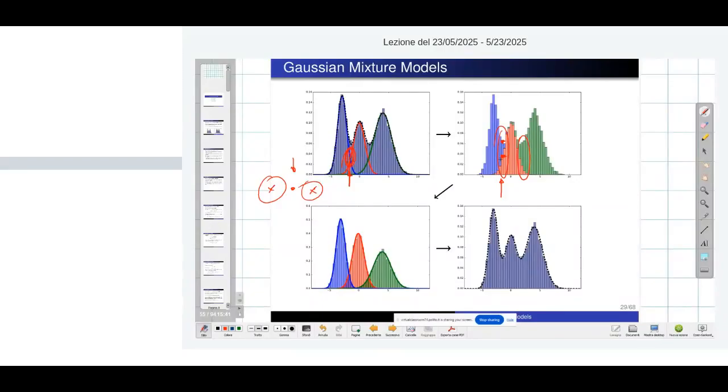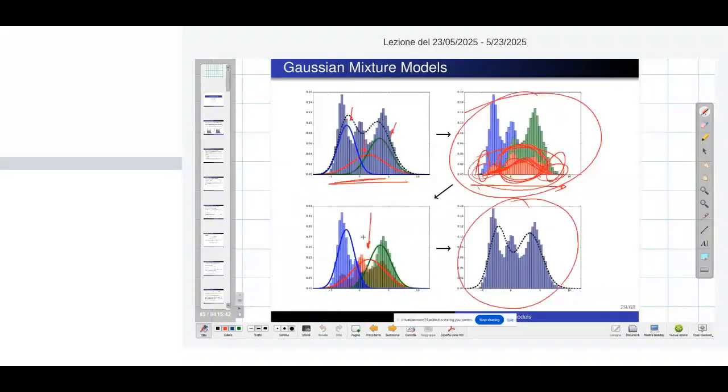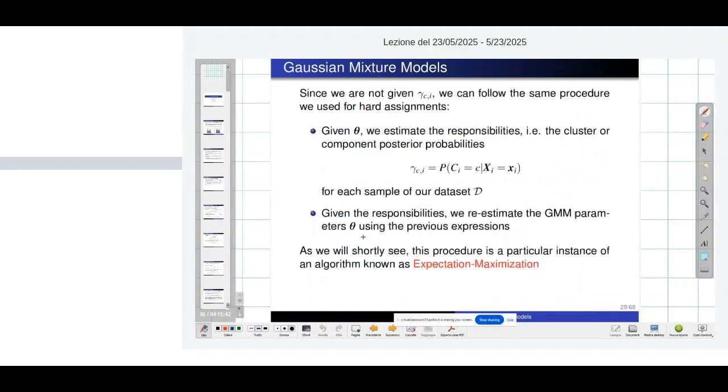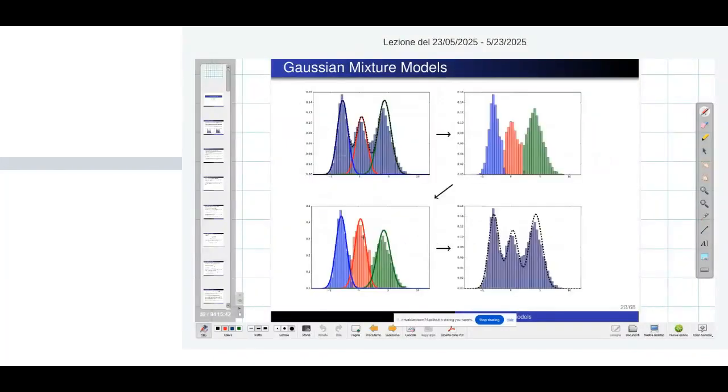But you see that the overall effect is that now, since I'm correctly considering fractional points, my components will be a good fit to the fraction of points that have been assigned to that component rather than to all the points. If you compare this with what we had with the hard assignment, the issues were mainly coming from the red and the green component.